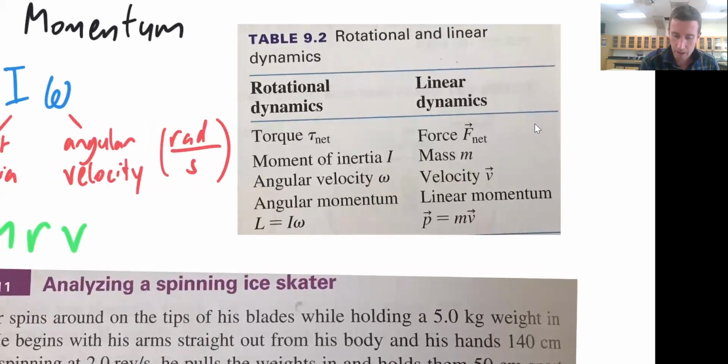So like torque is effectively equal to force. Torque in a circle is force. Moment of inertia in a circle is equivalent to the mass. Angular velocity is equivalent to linear velocity. Angular momentum, L equals I omega, is equal to linear momentum, P equals mv. Okay.